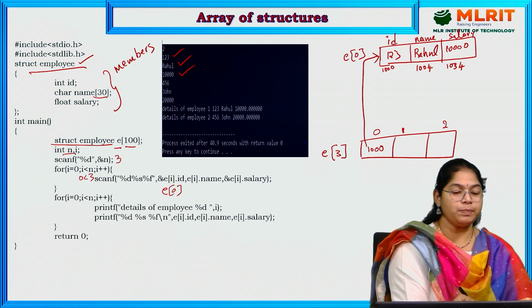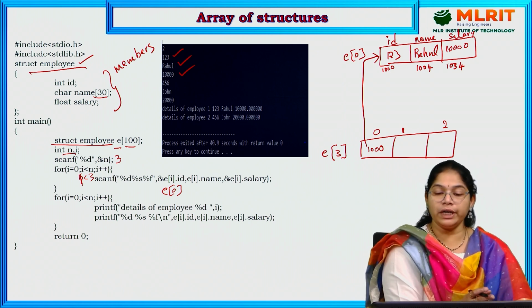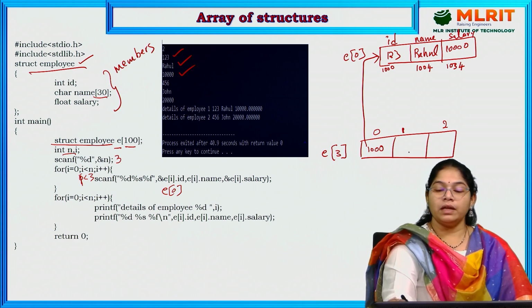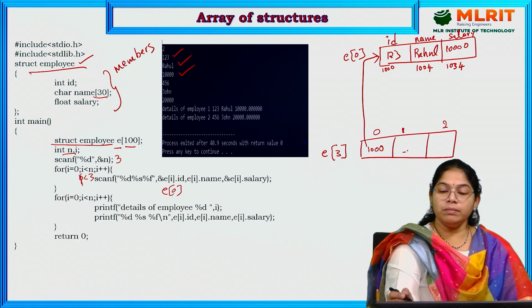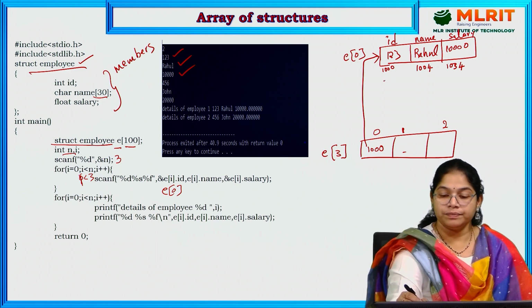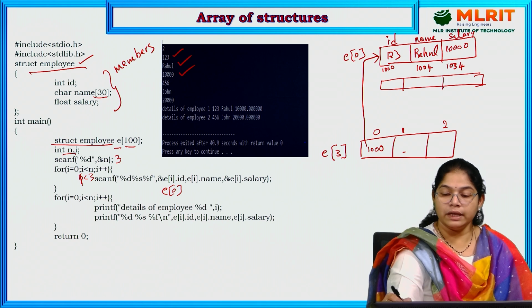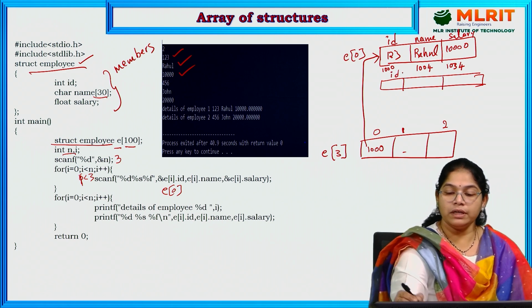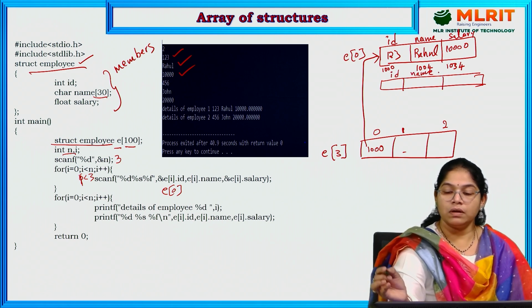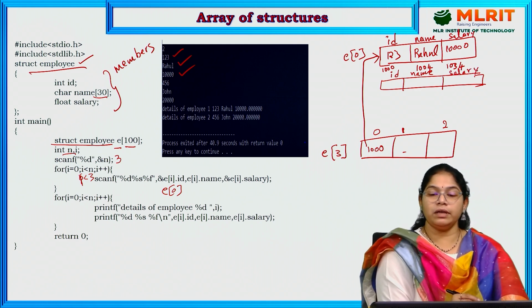Now again i plus plus, now i becomes 1, 1 less than 3, the condition is true. The next employee details, that means the employee present in E of 1. This employee is also having members like ID, name and salary, and can also access the members of the structure.